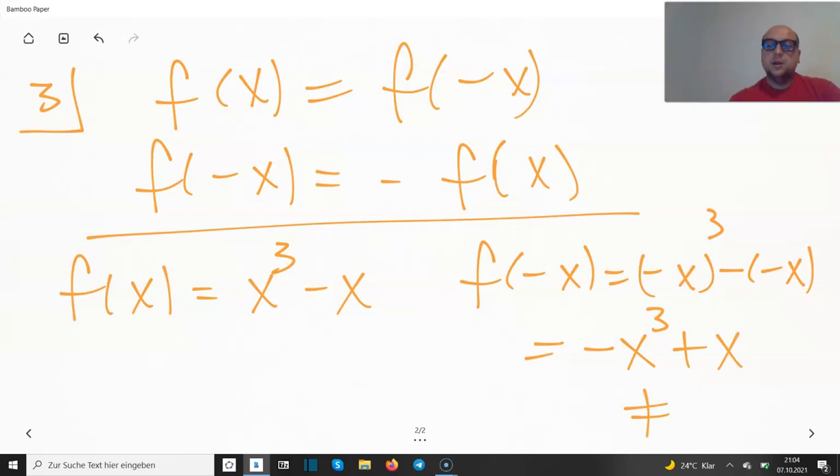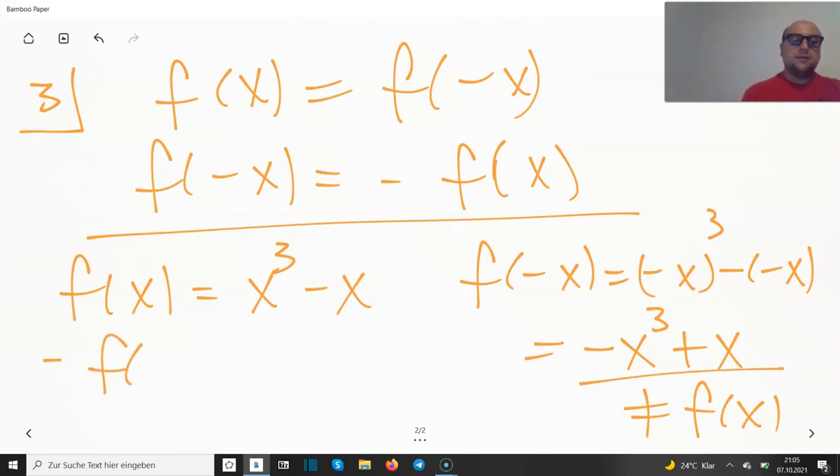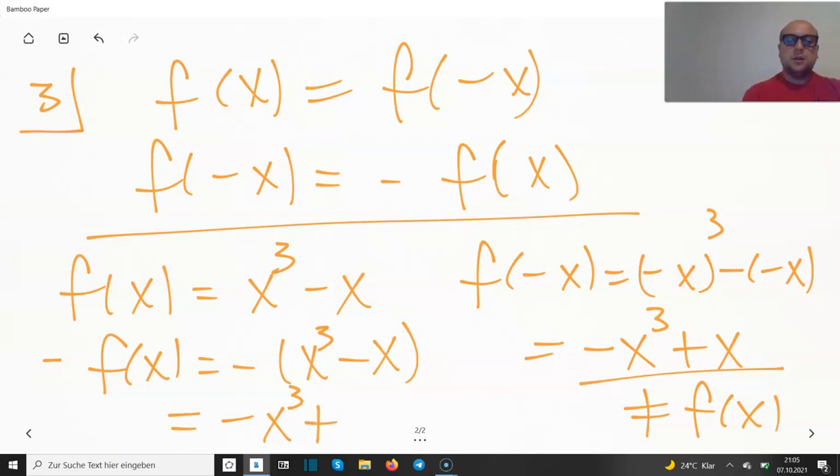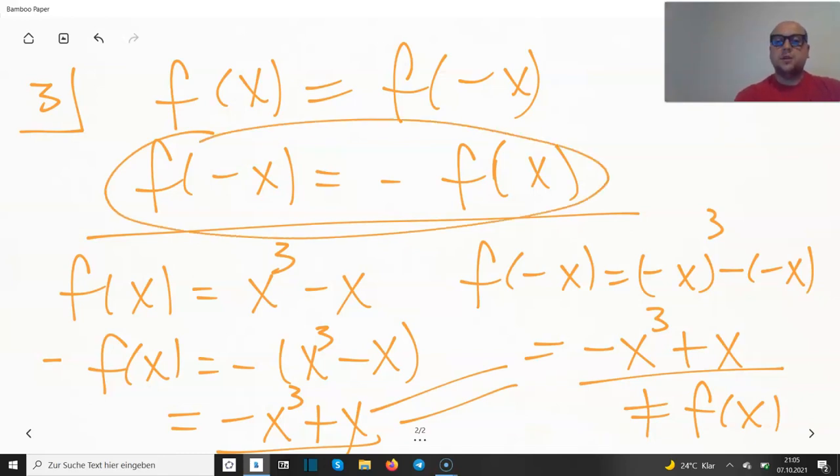So obviously we do not have it to be equal to f of x, but if you look carefully, compare this one with minus f of x, you will see this is exactly where we are. So minus x cubed minus x, this is just minus x cubed plus x, and voila, I'm done. Right? So those two are equal. That means we are symmetric considering the origin.